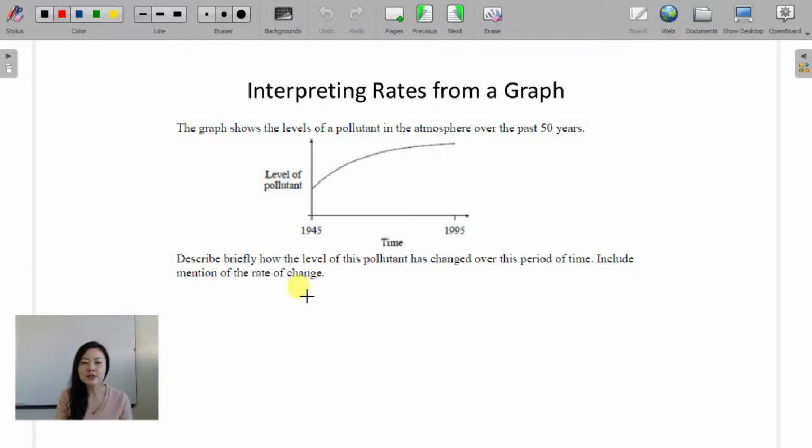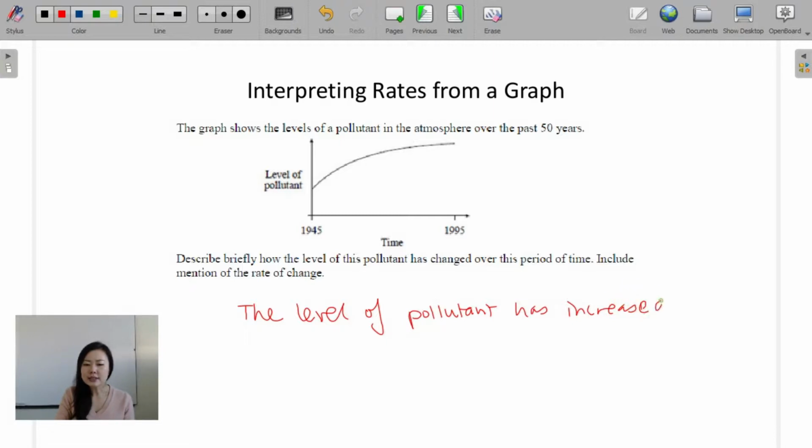First of all, just talk about the level of pollution. It has definitely gone up, probably at least double, just assuming this is to scale, but it's probably not. We'll just mention that the level of pollutant has increased. But let's talk about the rate. The rate has to do with the gradient.